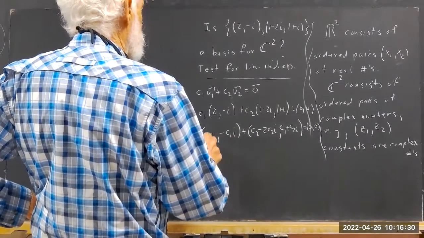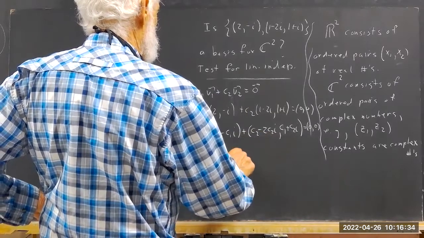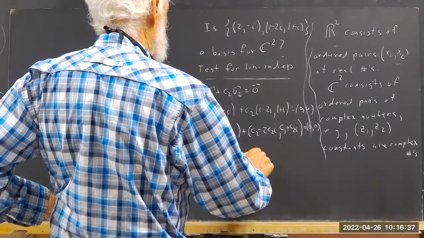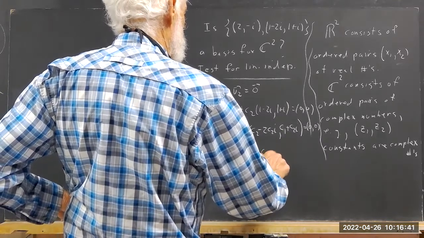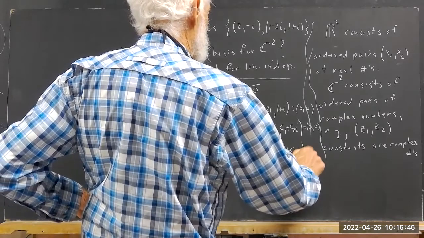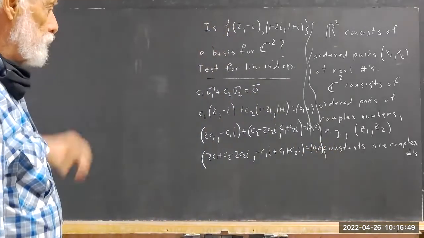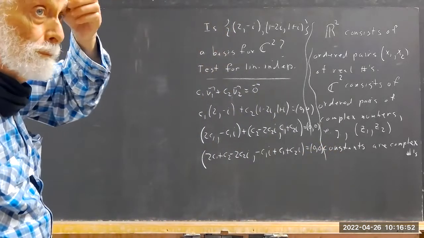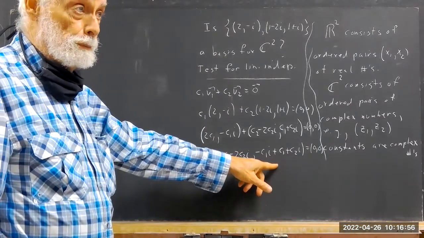So that we add the first components, we get 2C1 plus C2 minus 2C2I, negative C1I plus C1 plus C2I should equal 0, 0. And this gives us two equations in C1 and C2.